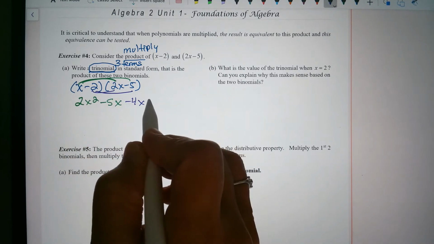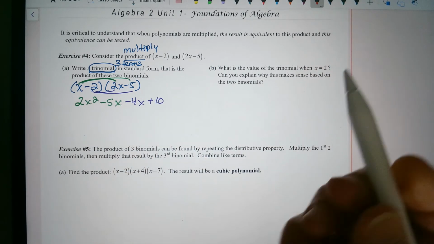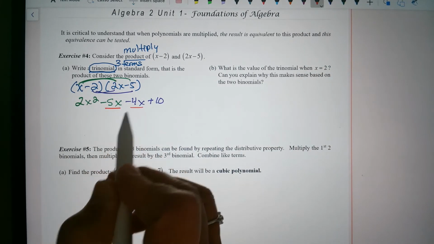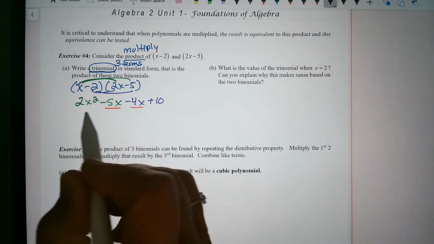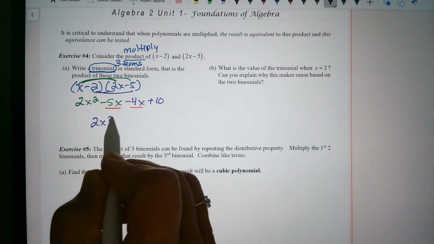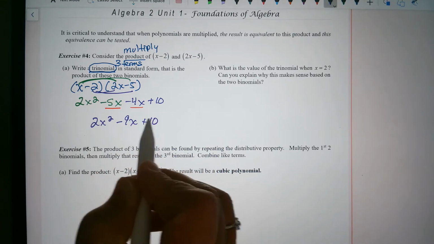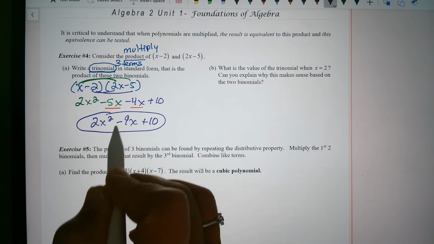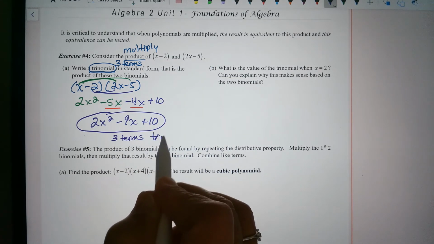Negative 2 times negative 5 is positive 10. And then look to combine any like terms, which we do have. Our x terms are like terms: 2x squared minus 9x plus 10. There's a trinomial, right? 3 terms. It's a trinomial.